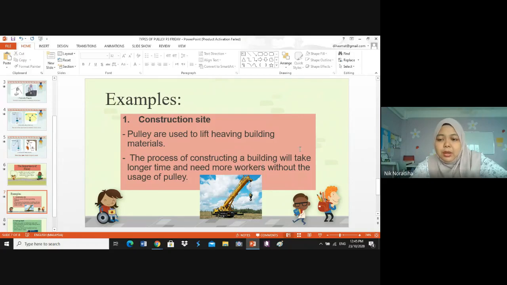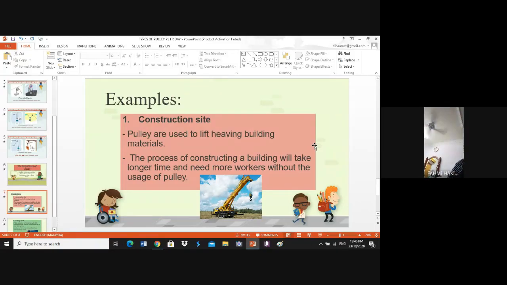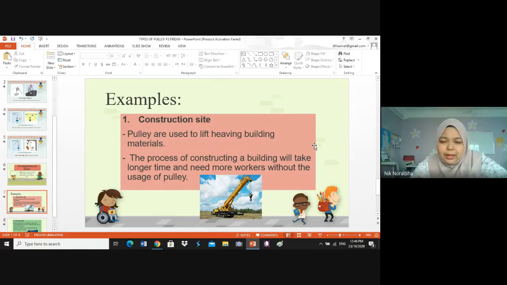Why? Because when they want to lift a heavy thing, it's impossible to use just one person. Of course, they need two, three, four or five persons to lift the heavy building material. That's why when they use pulley, it's easier for them.